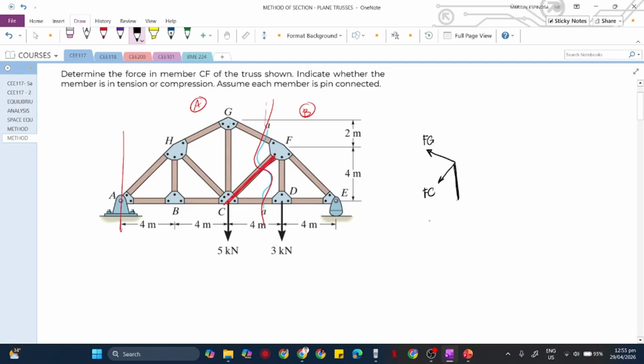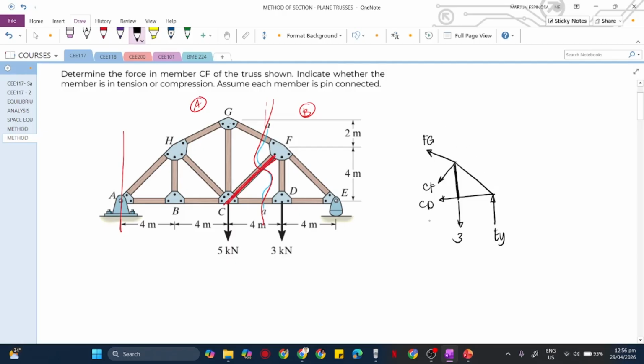And then we have member CD. That's CF there. And then we also have 3 kilonewtons here, and member FE here. Since we have a roller here, we will be expecting one support reaction for that, so we can call that EY.